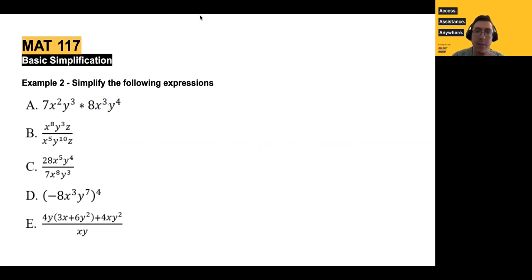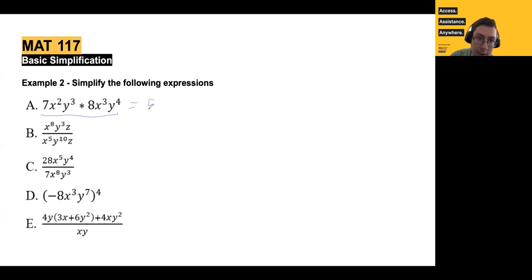So the next one is simplification, where basically we just make the expression more readable to humans. That's all we're doing here. For the first one, we're multiplying two different expressions. So first, let's multiply the constants 7 and 8.